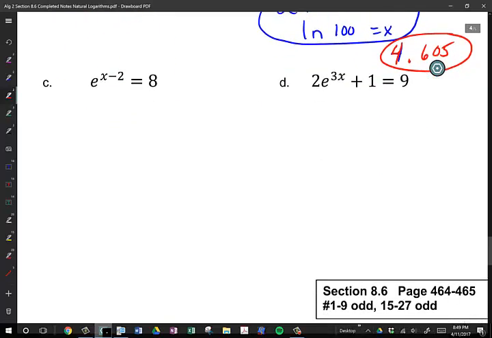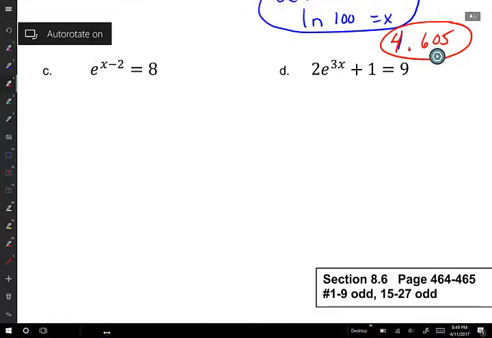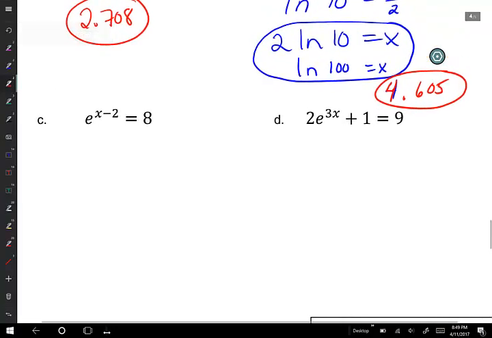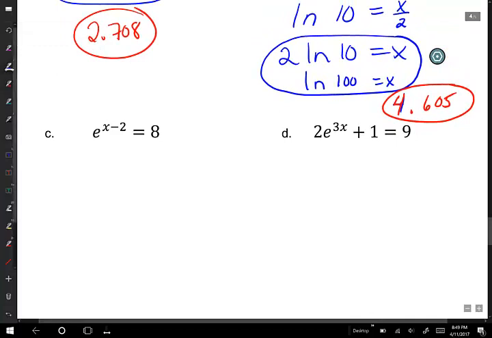Let's look down here at our last two. We have e to the x minus 2 equals 8. So that's going to be rewritten as the natural log of 8 equals x minus 2. And so we're going to add the 2 over. So 2 plus the natural log of 8 equals x. I like to put the 2 in front just so you don't think it's the natural log of 10, which it is not.